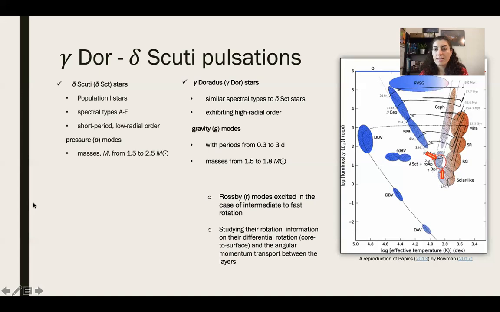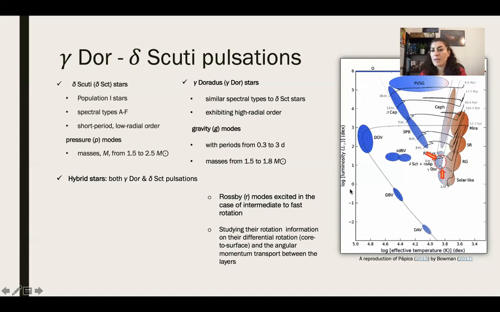Studies show that many of the delta Scuti and Gamma Dor stars can also have intermediate to fast rotations. In these cases, if we are lucky, we can see r modes showing up in the Fourier spectrum, and they are excited because of the rotation and can give us more information about the stars.